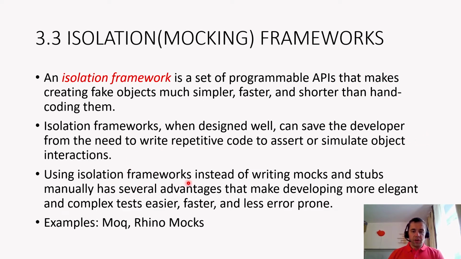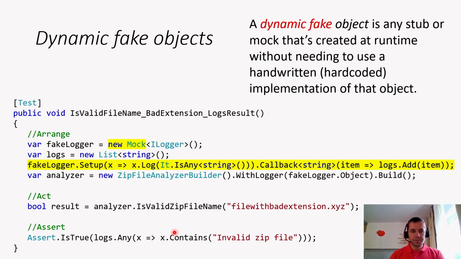With isolation frameworks, you use them instead of writing mocks and stubs manually. It has several advantages and makes development much easier, faster, and less error prone. So for example, we have here Moq, or Rhino Mocks in .NET.